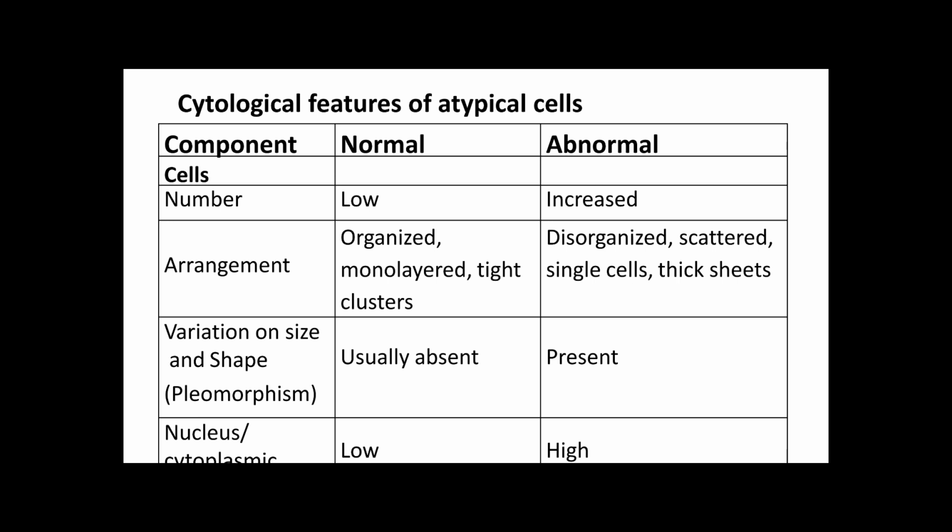When we consider the arrangement of the cells, in normal cells, cells are organized, monolayered, in tight clusters. That means they are well organized. When we consider one cell and another cell, they are almost similar.